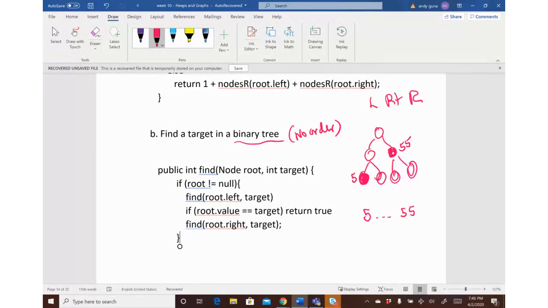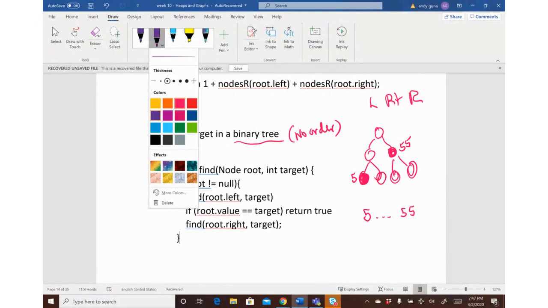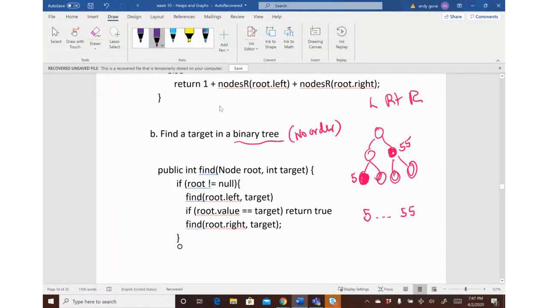That means now you have to do some kind of order traversal between 5 and 55. So you have to think about what are the elements that are bigger than 5 but less than 55, right? Because we know the 5 is small, the bigger elements, bigger than 5, are these elements, and this is bigger than 5.